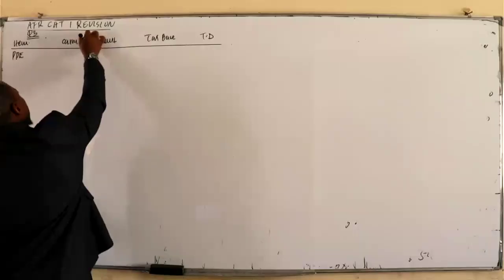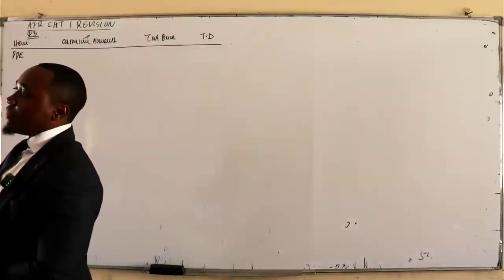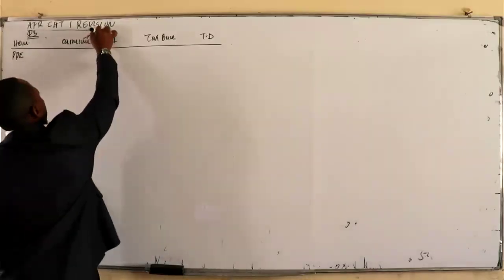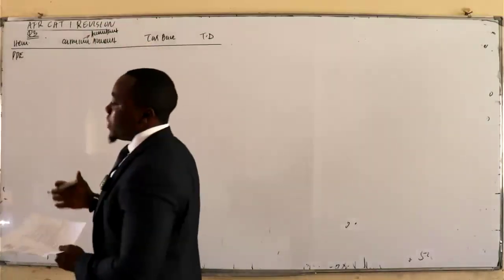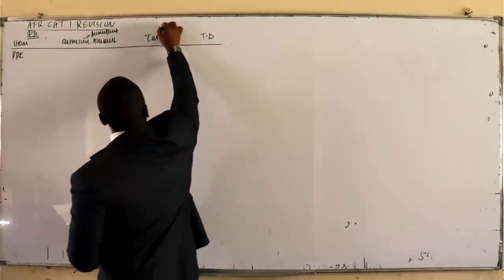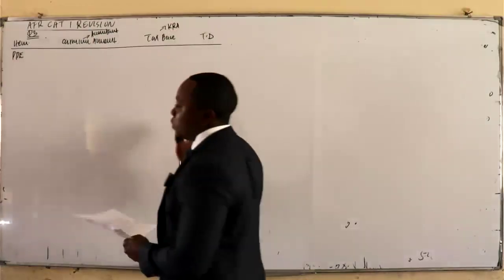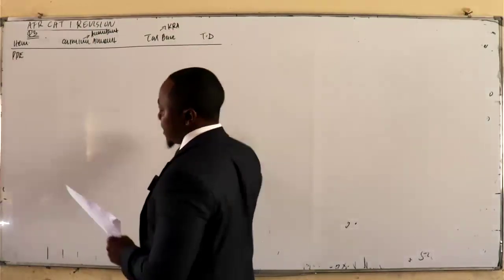So the carrying amount is the amount that will be shown in the financial statement by an accountant after doing the necessary adjustment. So this is you. So this is the accountant. Then the tax base is the amount that will be allowed for tax purposes in the future. So therefore, this is the tax man. The difference in perception between an accountant and the taxman is what gives rise to deferred tax.